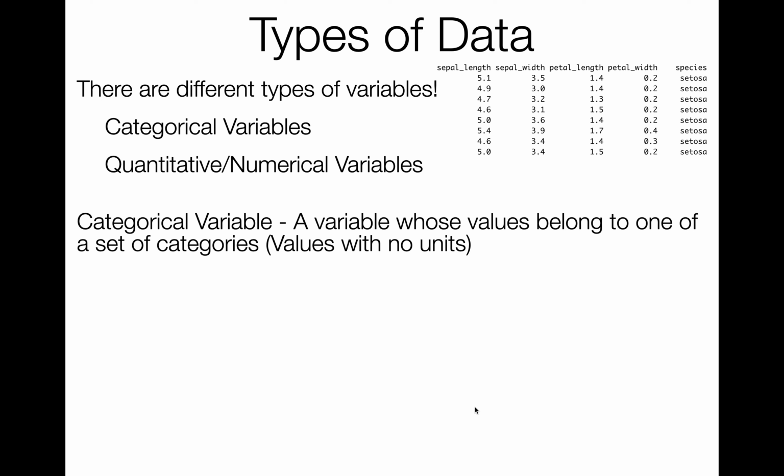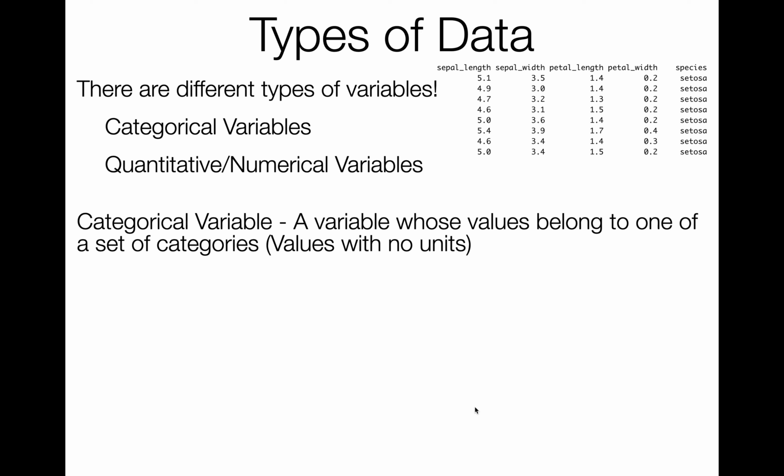Up above in the iris data set that we're using, we have 5 different measurements, and it turns out that species is a categorical variable, because there are only a few different categories that an iris can be. However, the other 4 have units associated with them.